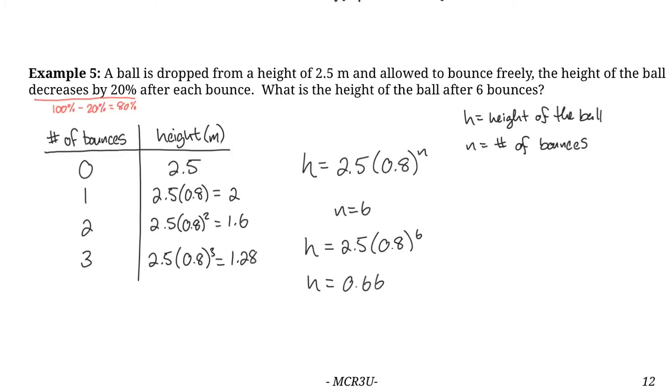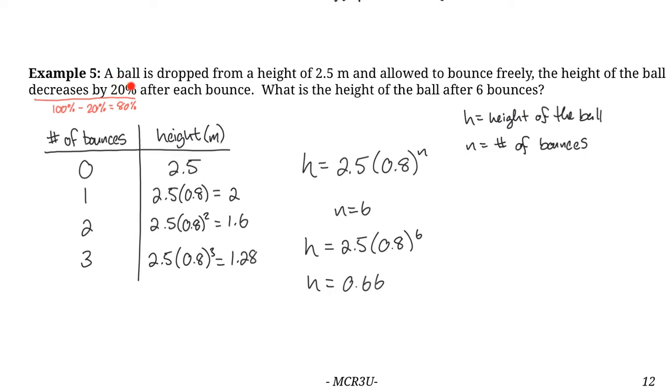Here is my solution. So I started off by making a table of values. Our independent variable is the number of bounces. The dependent variable is the height. So at 0 bounces, when the ball is dropped, it's at a height of 2.5 meters. And we know from the question that the height of the ball decreases by 20% after each bounce. So we're not multiplying by 20%.